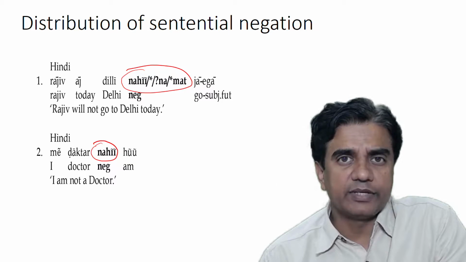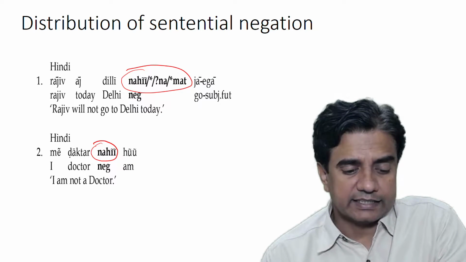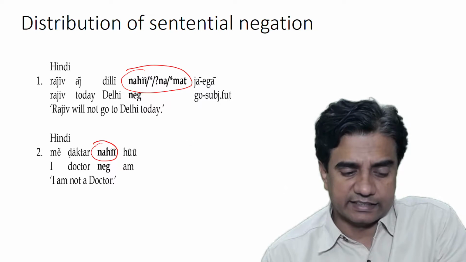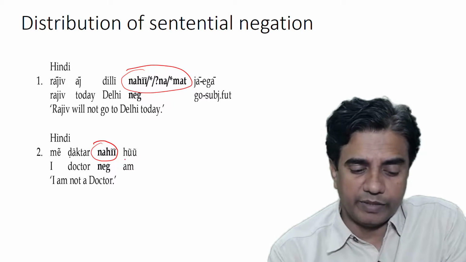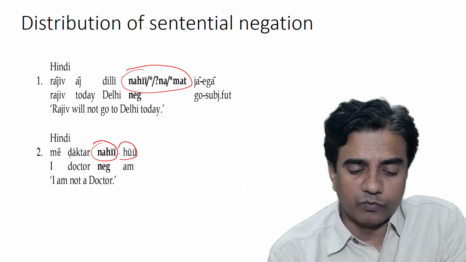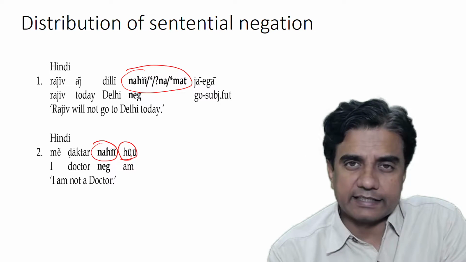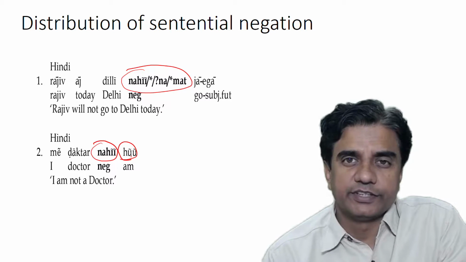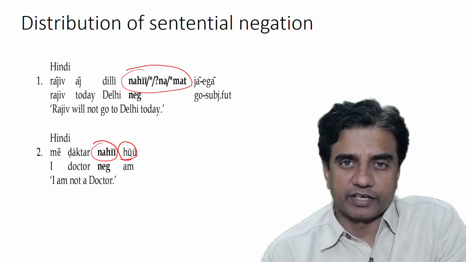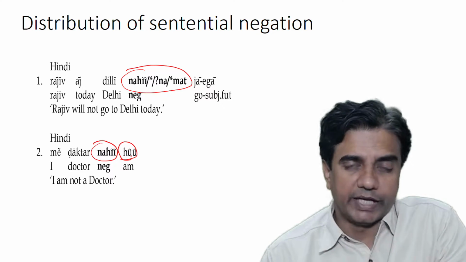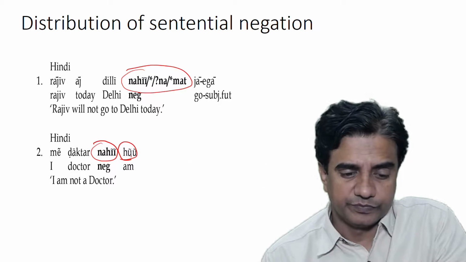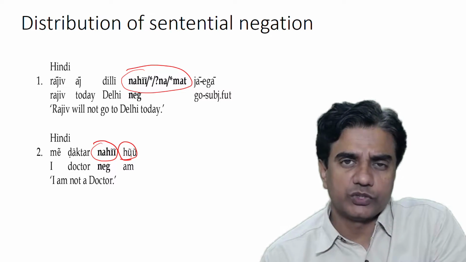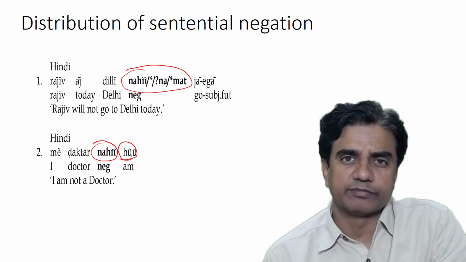This example indicates that even in a copular sentence, by copula we mean the present tense marker hūṁ, the negation occurs to the left of the tense marker hūṁ. मैं doctor नहीं हूँ.